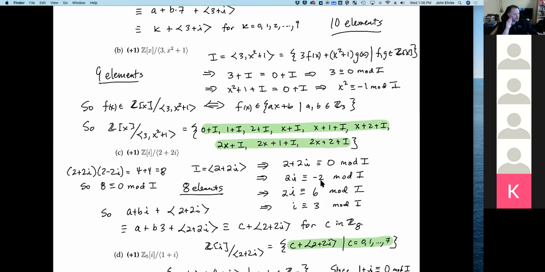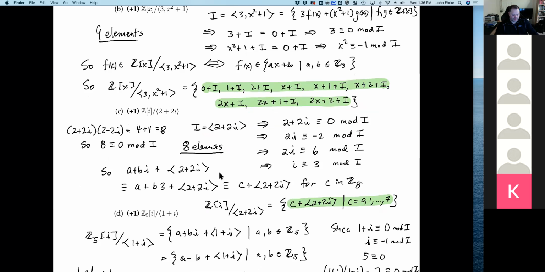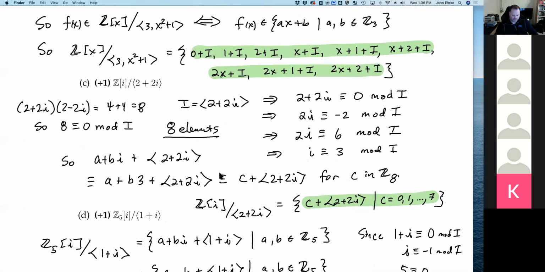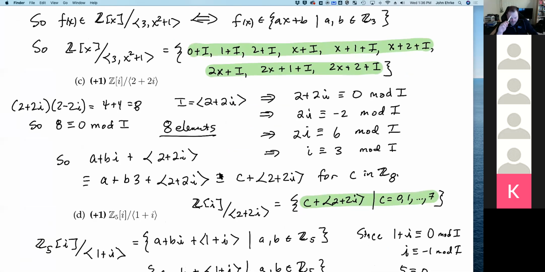So you're saying 4 is equivalent to 0. So 2i is equivalent to 2. i is equivalent to 3. Okay. So you're saying that C further reduces? Did I miss that one?